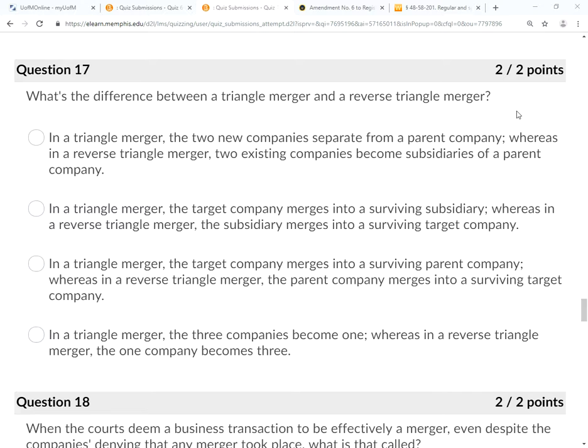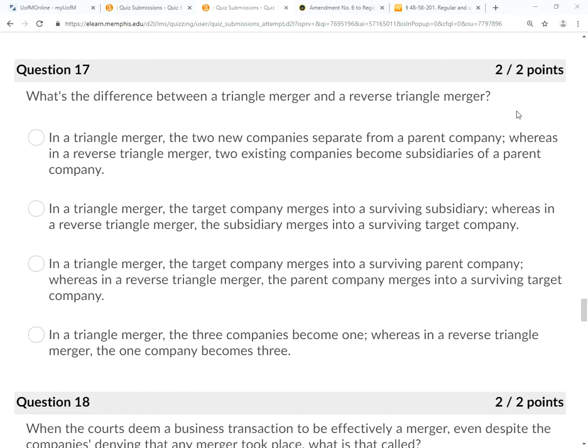The parent corporation forms a subsidiary corporation and funds it to purchase a target corporation. The target corporation is merged into the subsidiary, and that leaves the original parent corporation and the subsidiary corporation, and the target corporation is dissolved.